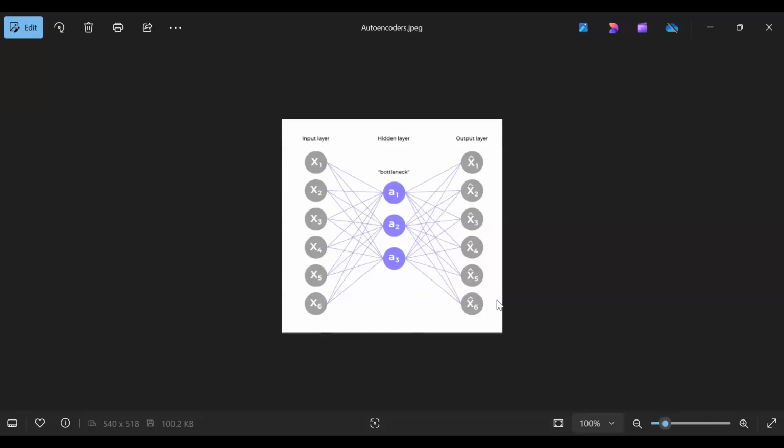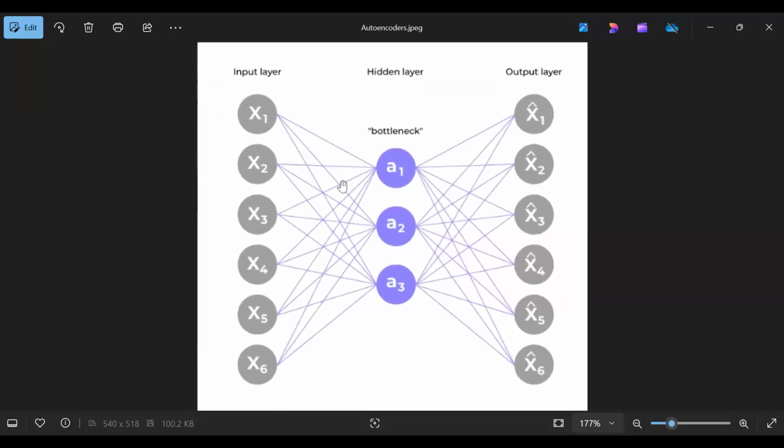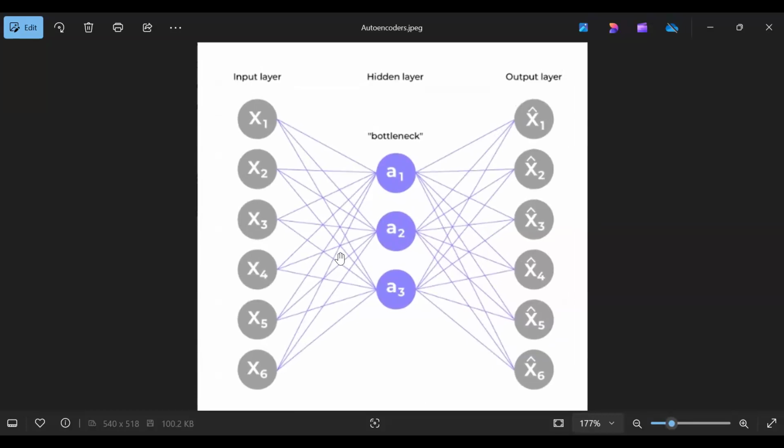Then there is one image called autoencoders. Is my screen visible? Again, it's similar to the single layer perceptron and multi-layer perceptron.